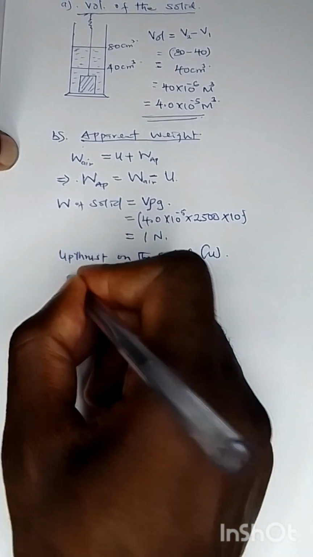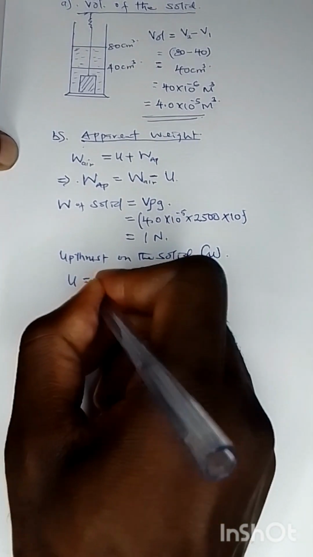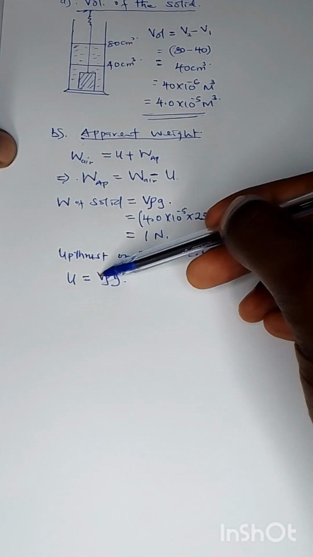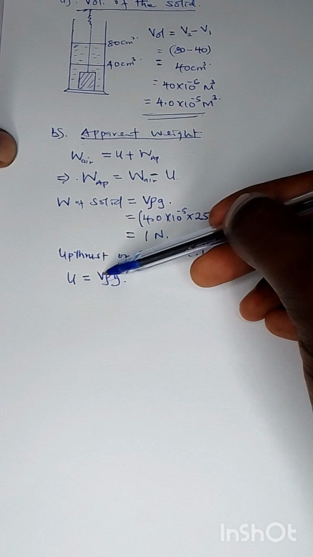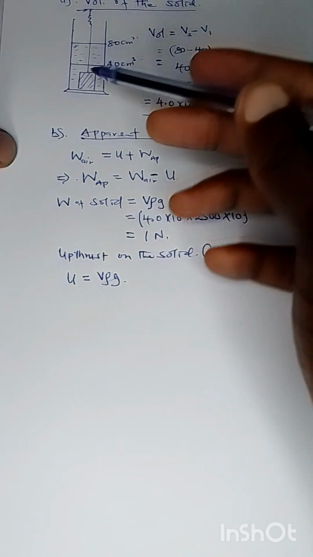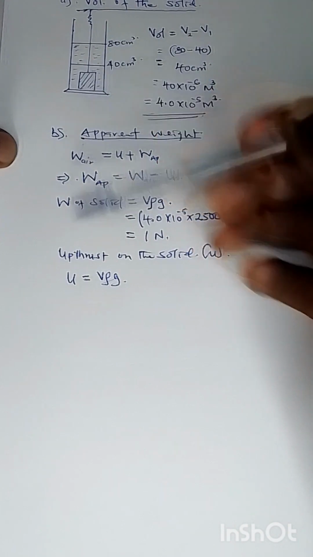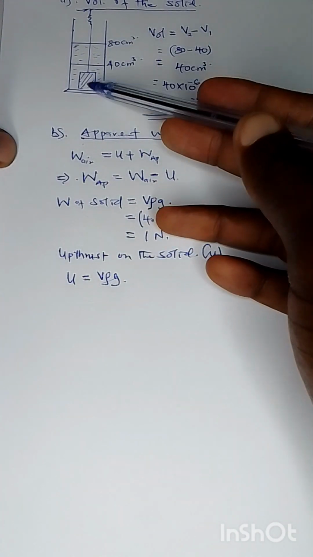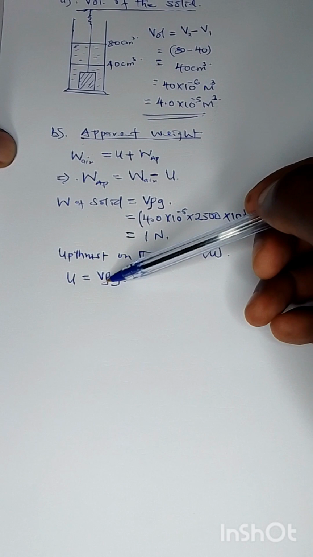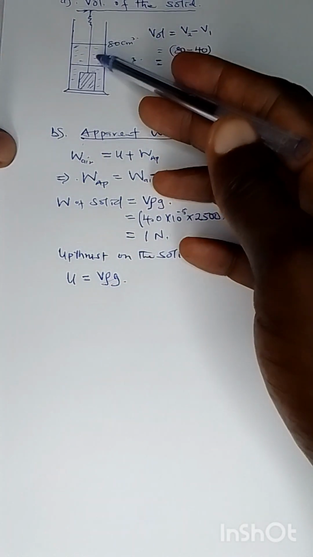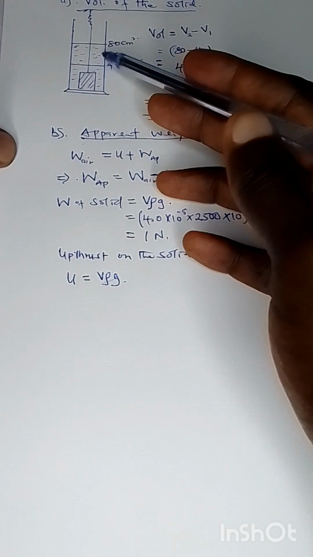Upthrust is given by V rho g, where V is the volume of the fluid the solid has displaced. Because the solid is totally immersed, it is the same as the volume of the solid itself. Rho here is the density of the liquid displaced, water, and g is a constant.